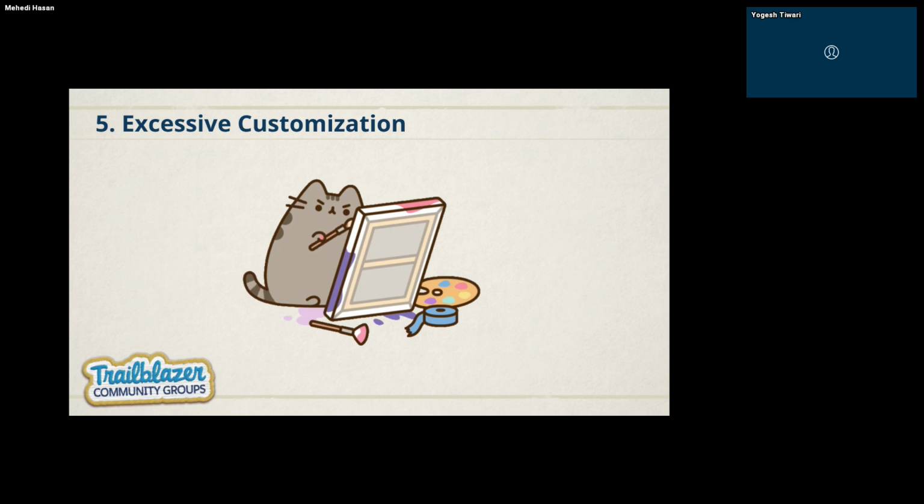That is not recommended. If you can utilize the standard feature, you should go for the standard feature. And if needed, then you can extend the standard feature. In extreme cases, maybe you may have to do the whole implementation with a customized implementation, but that's an exception. Usually, we should try to utilize whatever Salesforce is offering us out of the box.